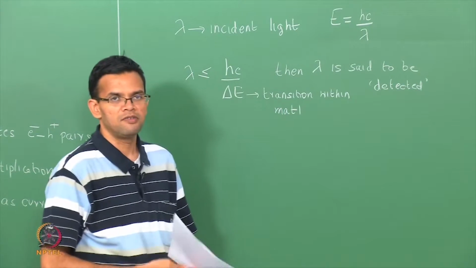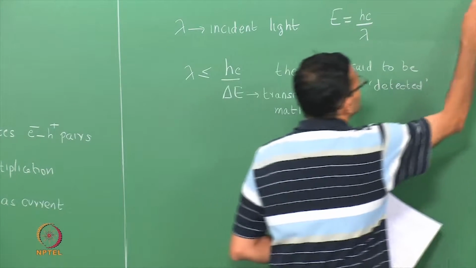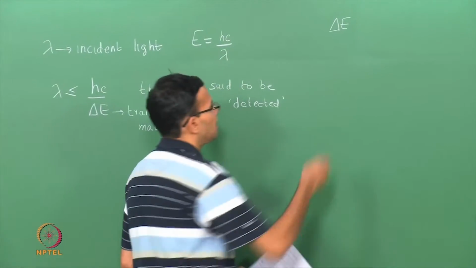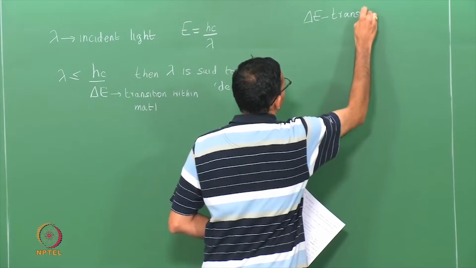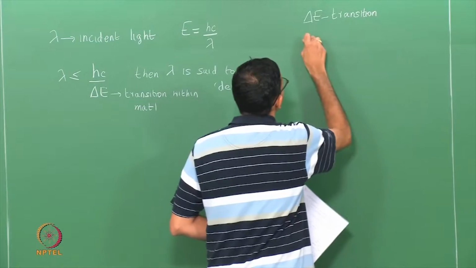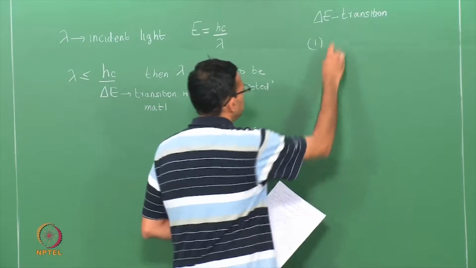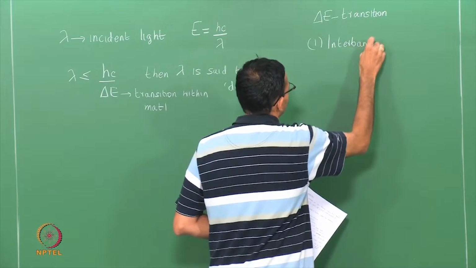So, what are these different transitions that delta E can correspond to? Delta E, which represents the transition in your device or transition in your material, could be an interband transition. So, it could be from the valence band to the conduction band.